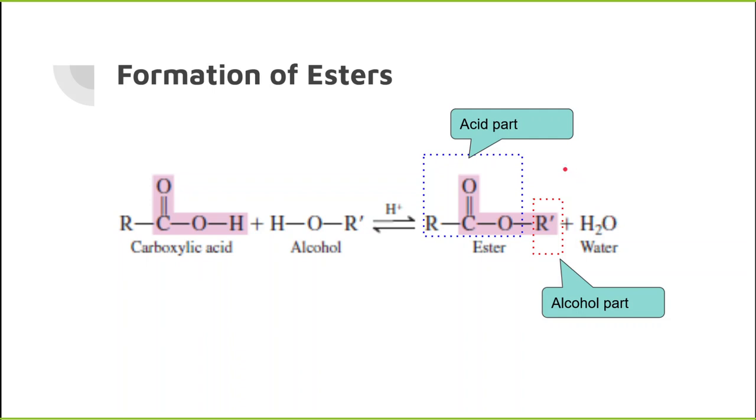And so now you have an acid side of the ester. That's this blue box. And you have the alcohol part. That's this R prime that came from this alcohol here. So all esters have an acid part and an alcohol part. This becomes important in naming them. Any questions there?